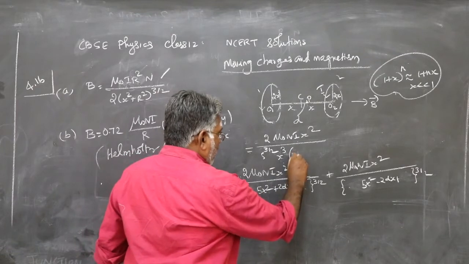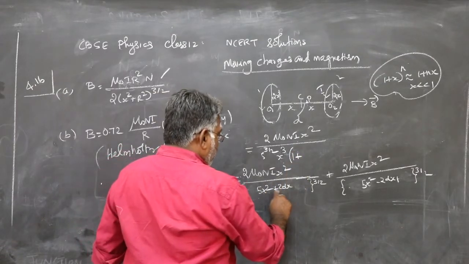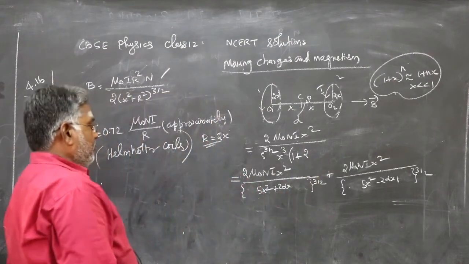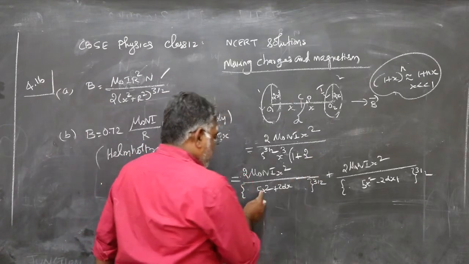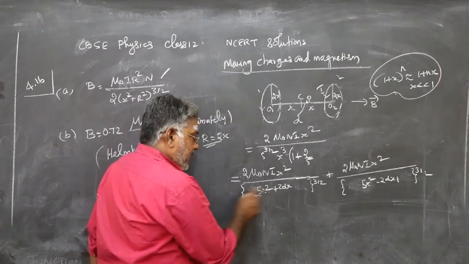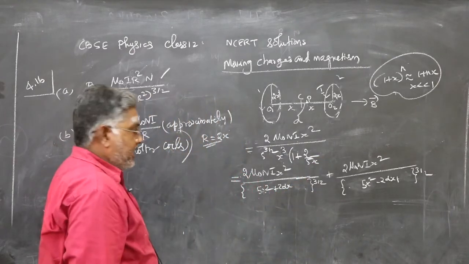Then 1 plus, because 5x square has been taken out, 2 by 5, x square has been taken out, only x is there, so x will have to be written in the denominator.